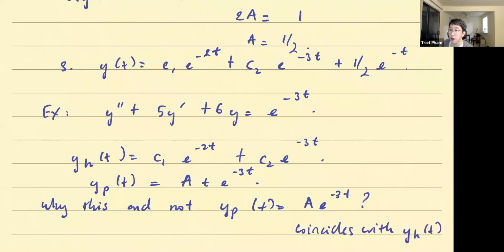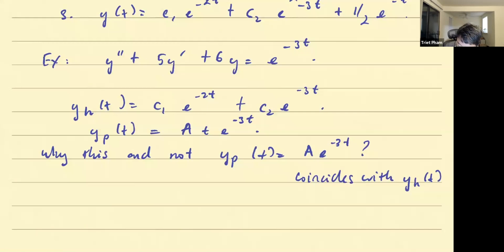The principle of the method of undetermined coefficients is you multiply with the smallest power of t, so that your guess does not coincide with the homogeneous solution. So now you plug in.